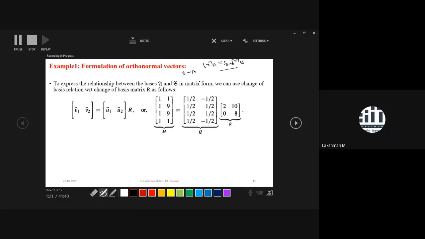So you collect and define a matrix having first column V1 and second column V2. Call this matrix M, and define another matrix where the first column is the orthonormal basis vector U1 and the second column is the orthonormal basis vector U2.